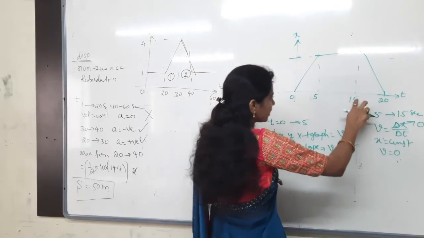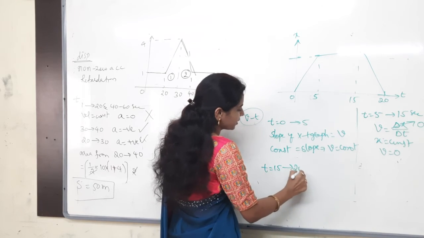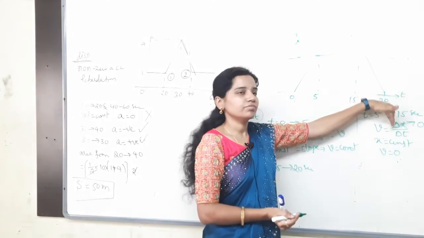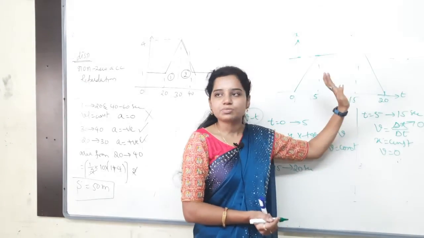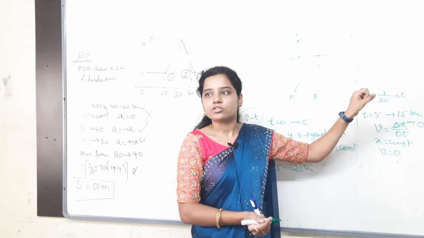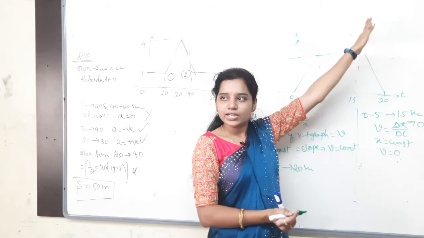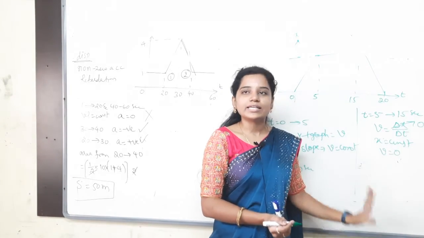Now we are discussing 15 to 20 seconds. What is happening here? Displacement is decreasing with respect to time. Now is the slope a decreasing slope or an increasing slope? I said already, whenever you are going in the upward direction, it is an increasing slope. Whenever you are coming in the downward direction, that is a decreasing slope.